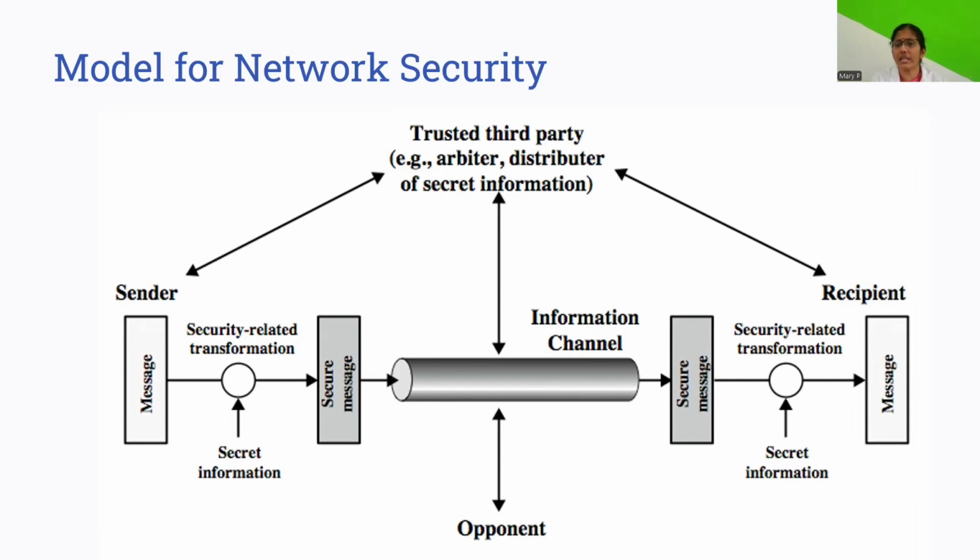They apply the security related transformation again and, using the key, convert that ciphertext into plain text, that means unscramble the message into the original message. So this is the model for network security. How do you securely transfer the information from one entity to another through the network? Through the transmission, an opponent can hack your information, so how do you send it securely without it being hacked? This is the model for network security.